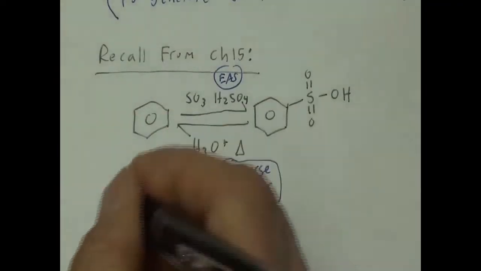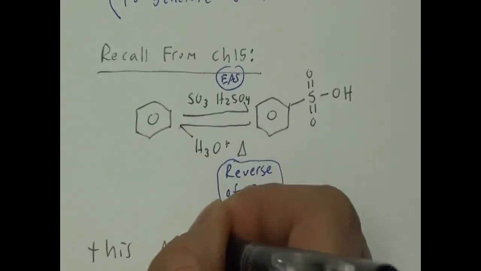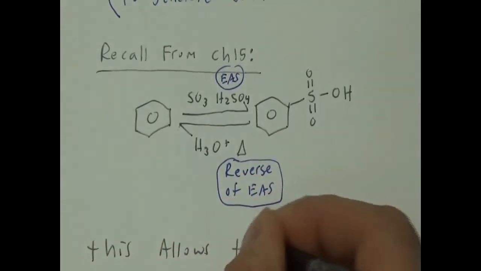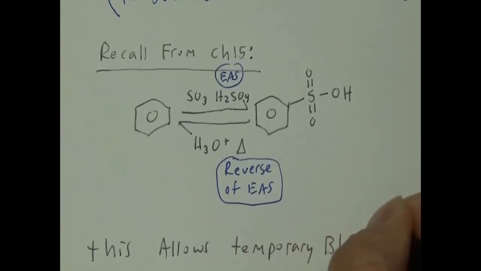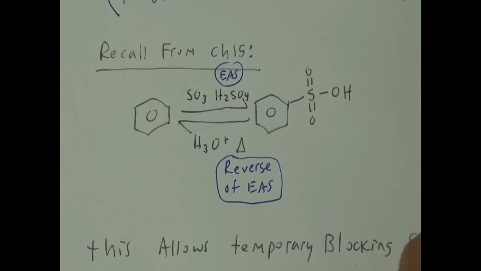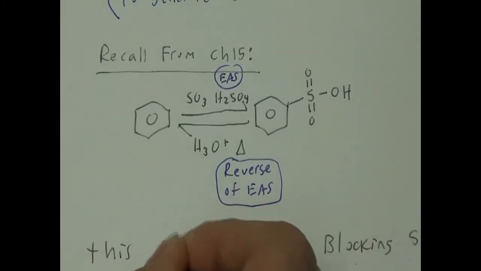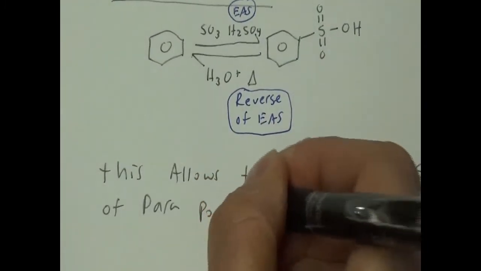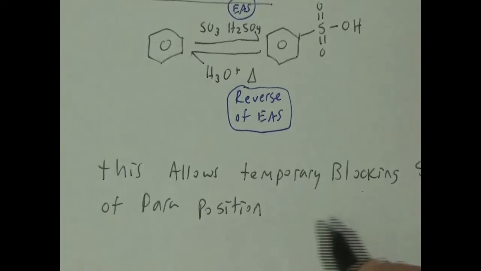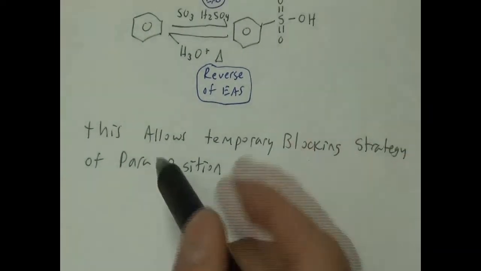But what's cool about this is it allows a temporary blocking strategy of the para position, because the para position is the one that usually reacts. So we need to temporarily block the para position.